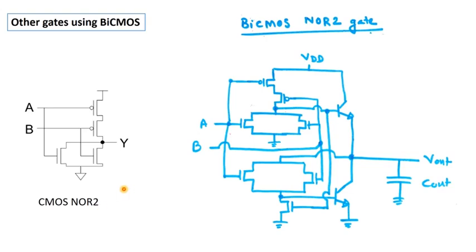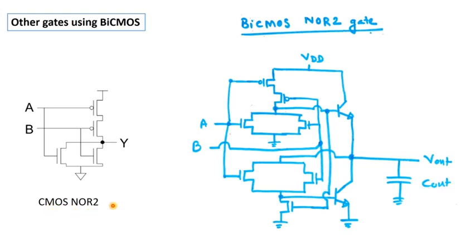Okay, here also if you check one more thing, that this part is same as this CMOS NOR 2 part, right? And this part is same as the pull down network part of this CMOS NOR 2 gate, right?